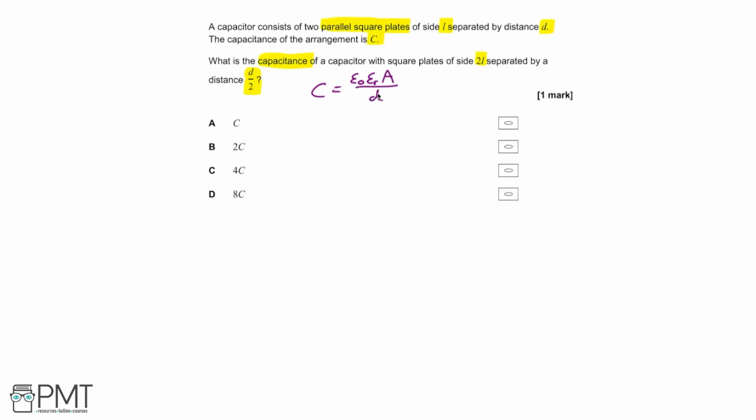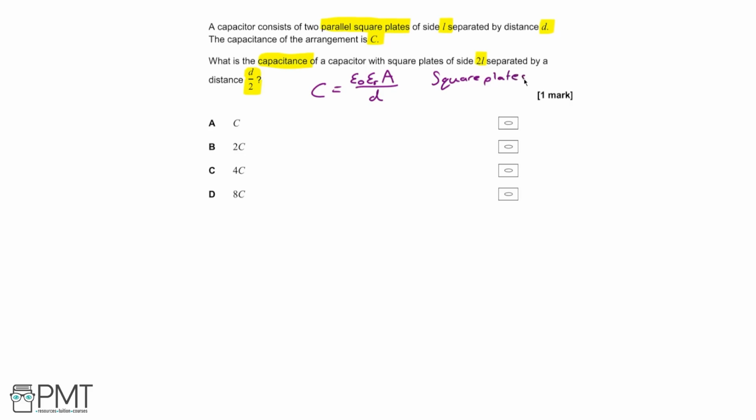We selected this equation because we have been told about the various physical properties of the capacitor, the distance between the plates, and the side length of the plates, which will be related to the area, in contrast to something about the voltage across the capacitor or the charge stored on it, in which case we would select a different equation.